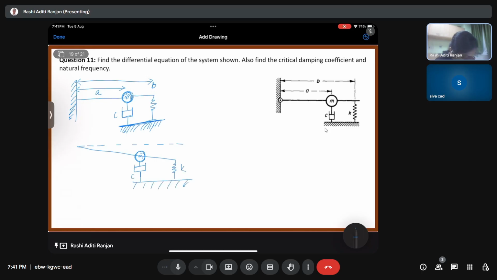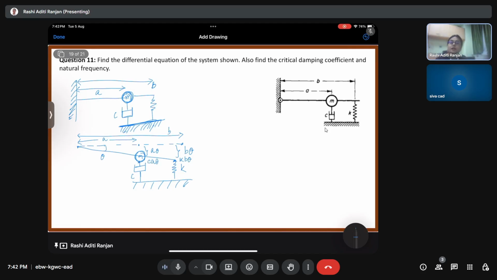K, C. This is A, and this is B. Okay, and if this is theta, then how much is this distance? This is nothing but B into theta. And this distance is essentially A into theta. So the spring is going to apply a force in the upward direction as K B theta. And the dashpot is going to apply a force in the upward direction as C A theta dot.